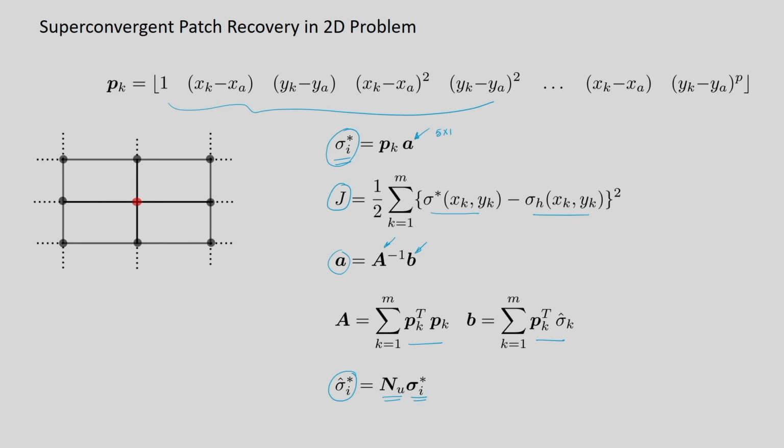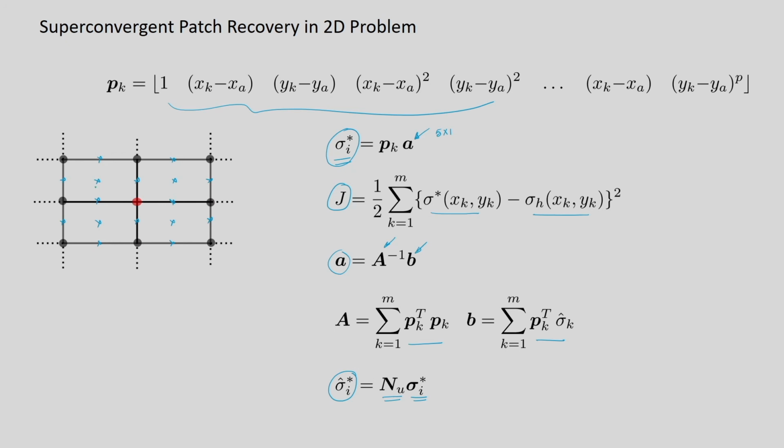So, let me show you that for P equal to 2, actually we have 9 nodes. If you remember, for Lagrangian shape function, for quadrilateral element we have 9 nodes. So, in this case here we will be having this many nodes apart from the black dots and red dots.